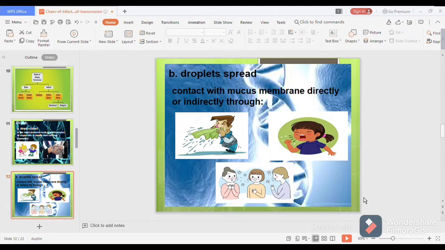And the last illustration is the 3 women who are talking, and the saliva is spreading to each other that can usually harm them or you, that can cause the disease that you might get.